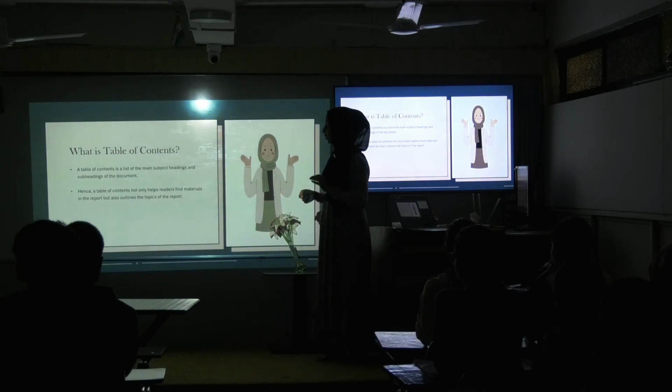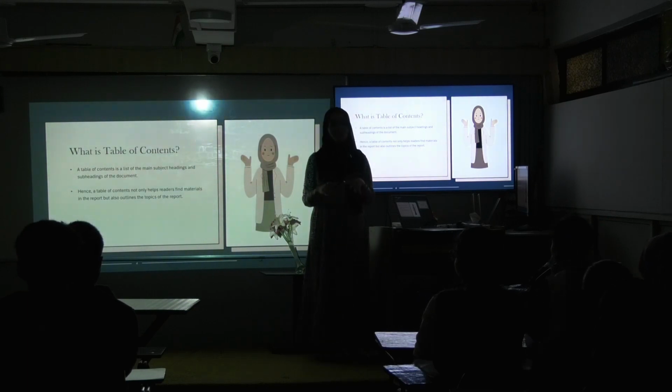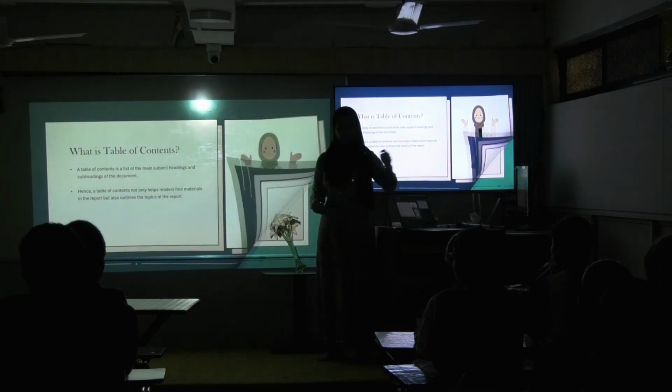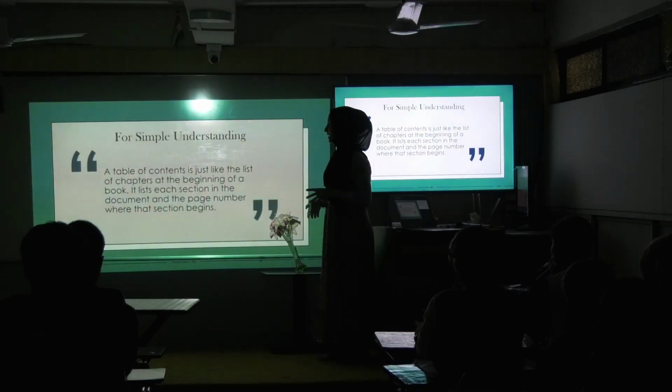Hence, a table of content not only helps the reader find material in the report, but also outlines the topic of the report. It not only lets us know what we are about to study, but it also gives us a glimpse of what is in the chapters or what the report is about. Now, for simple understanding, a table of content is just like the list of chapters at the beginning of a book.